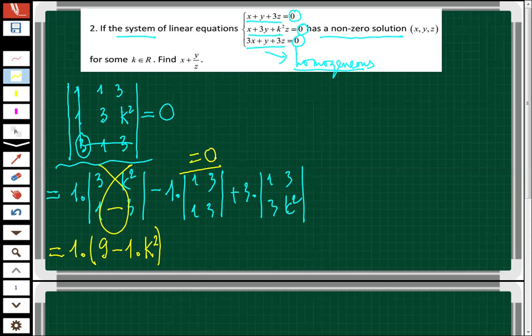Do you see? The first row and the second row are similar item by item. So we ignore that and do the next. Plus the number 3 multiplied by k squared minus 9, which equals 3k squared minus 27 equals 0.